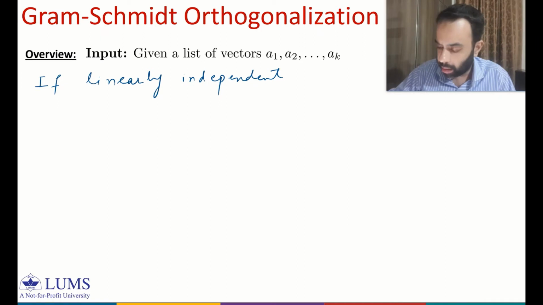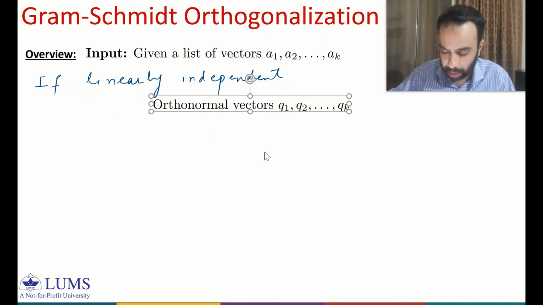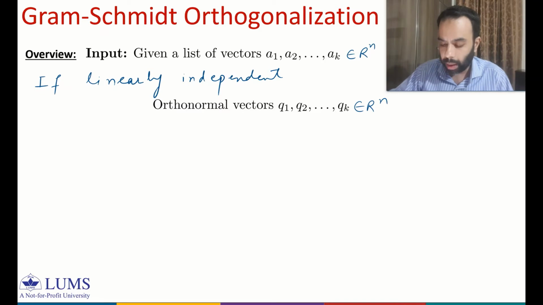In this case, this process constructs the same number of orthonormal vectors q1, q2, up to qk. If these vectors belong to Rn, these orthonormal vectors also belong to Rn. And these orthonormal vectors q1, q2, up to qk have some very nice properties.